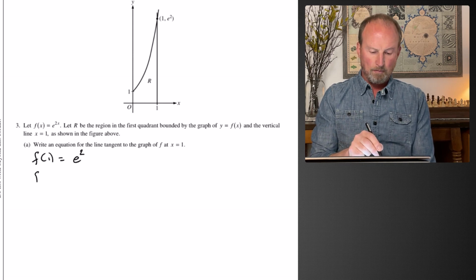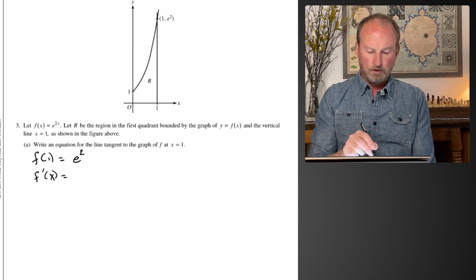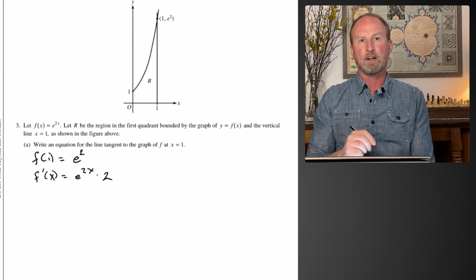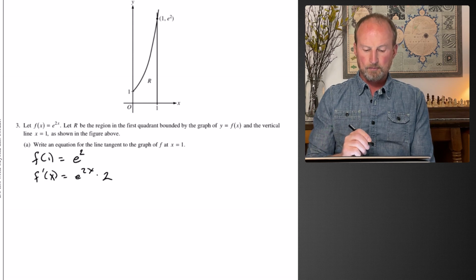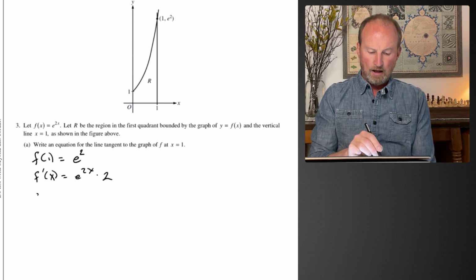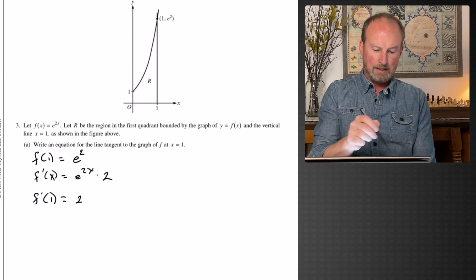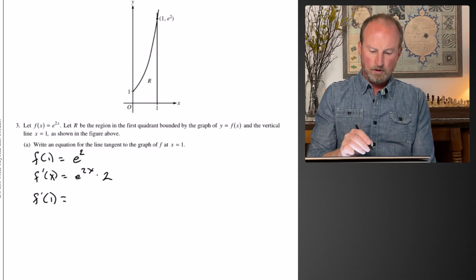So what is f prime? f prime of x, derivative of e to the 2x is e to the 2x times, using chain rule, the derivative of the inside function, which in this case is the exponent 2x. So I have f prime of 1 then being e to the 2, times 2, or 2e squared.